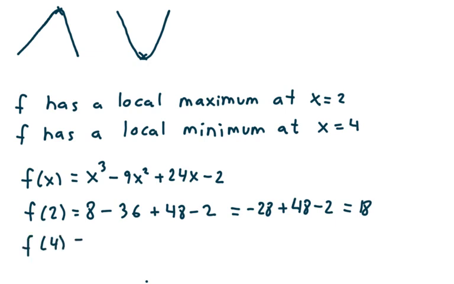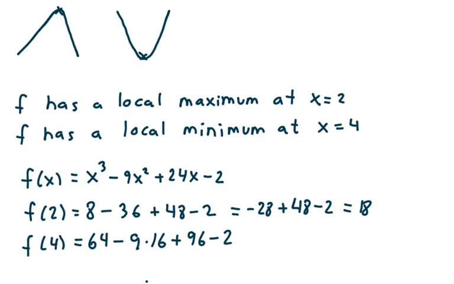F of 4 is 64 minus, and then what's 9 times 16, right? So we'll just say 9 times 16 plus 96 minus 2. And then if you plug that into the calculator, 9 times 16 is 144, right?